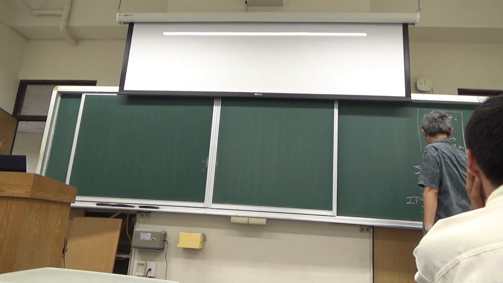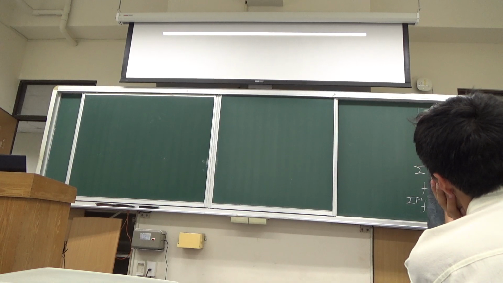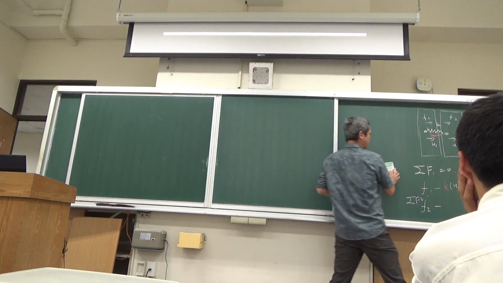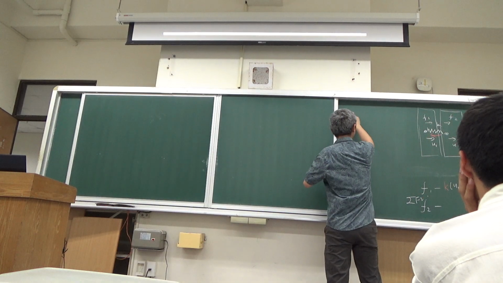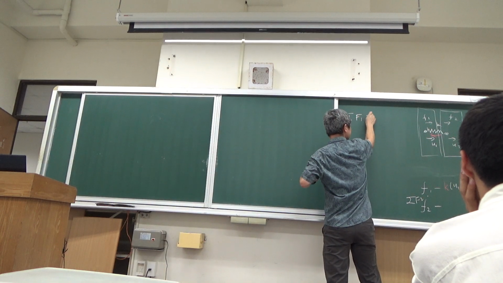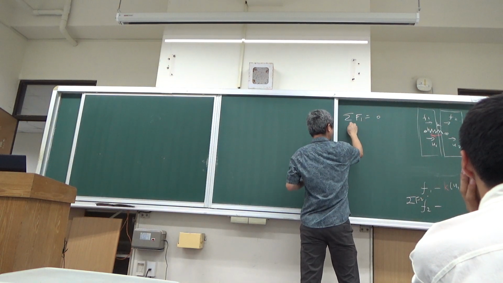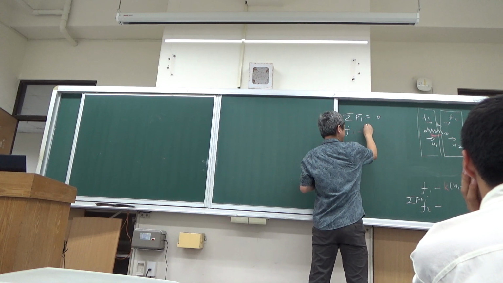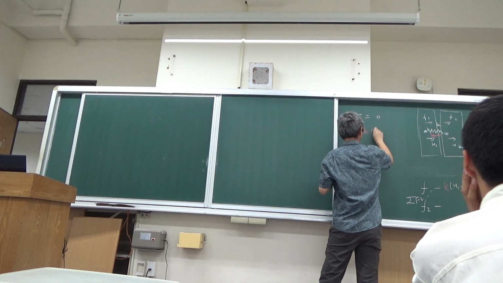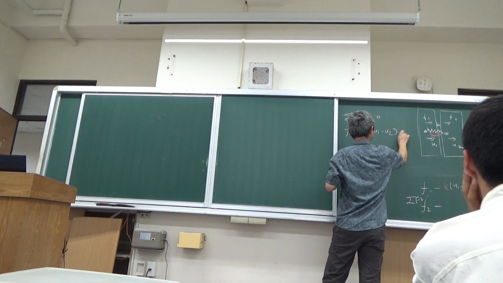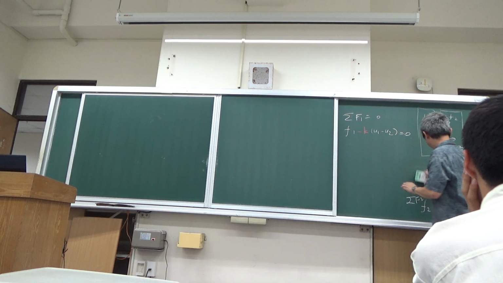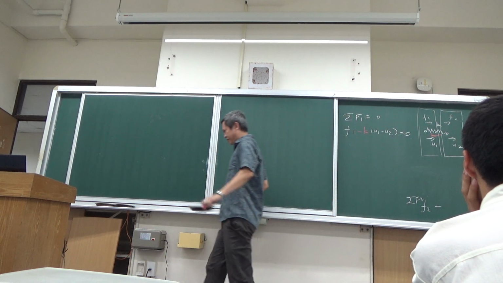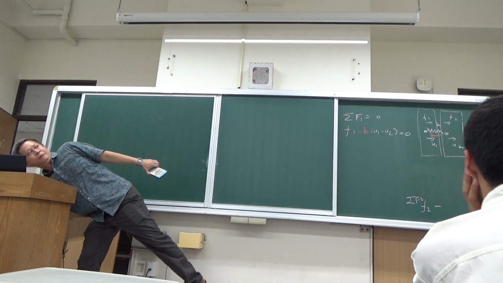So for this problem, we have this force sum on node 1 and node 2. I now copy it here. The force sum on node 1 is equal to F1, being the external force, minus the spring force, K(U1 minus U2), equal to 0. And then the force sum on node 2? Let me write it in a different color.